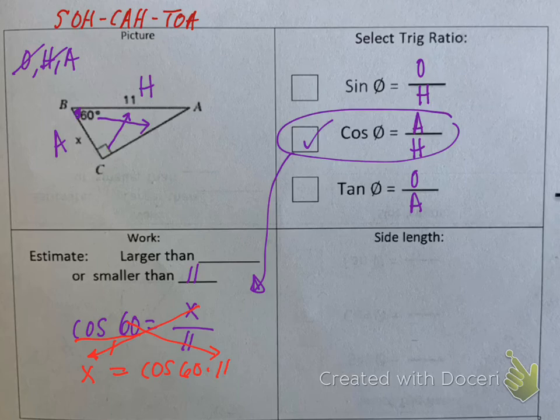So if I'm typing this in, I have to hit the reference angle first, which is 60, and then hit cosine times 11 equals, and I get exactly 5.5. I didn't have to round at all, so notice I use the equal sign that's not curved. So again, I hit 60 cosine times 11 equals, and that's 5.5.